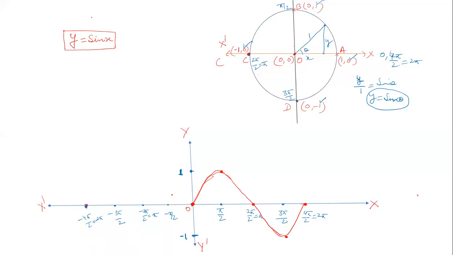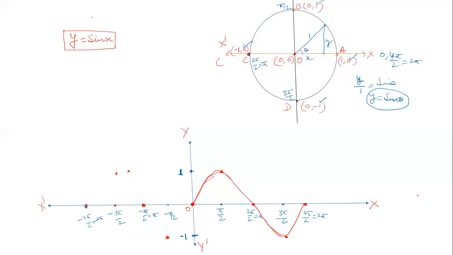Similarly, in this direction, at minus pi by 2, this will be minus 1. At minus pi, it will be 0. At minus 3 pi by 2, it will be 1.